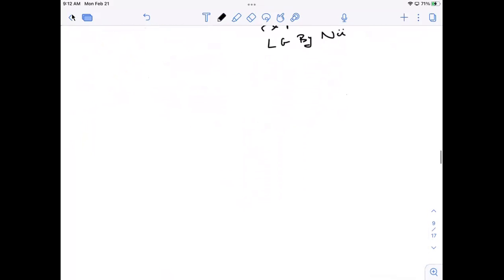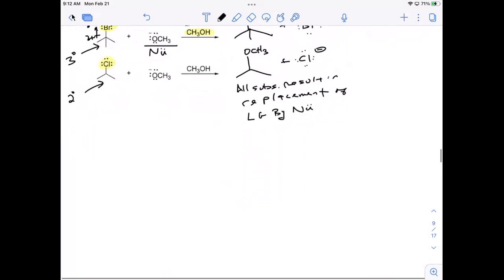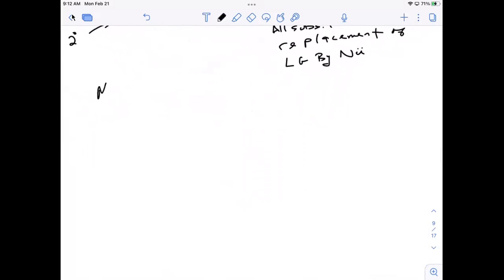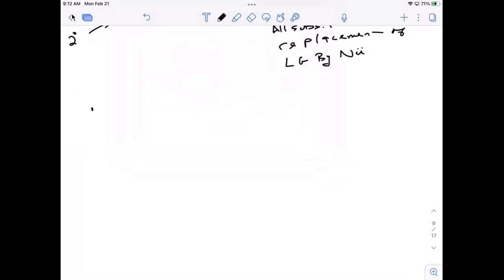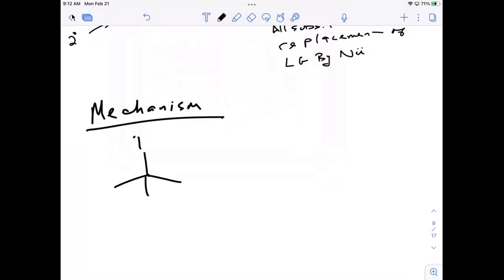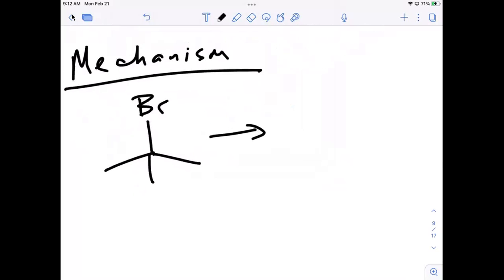So let's go through the mechanism and then we're going to talk about the transition state, the rate determining step, all of that stuff. Let's take that top example. So we're going to start with this. The first step in an SN1 mechanism, and an E1, I'm just prepping you for that, is the rate determining step.